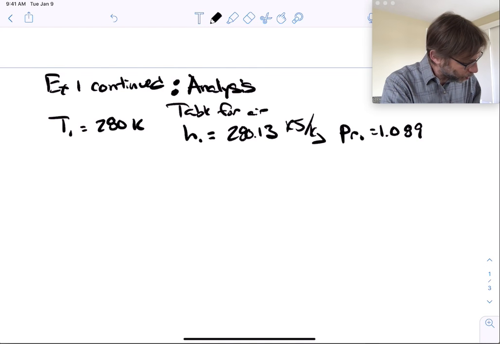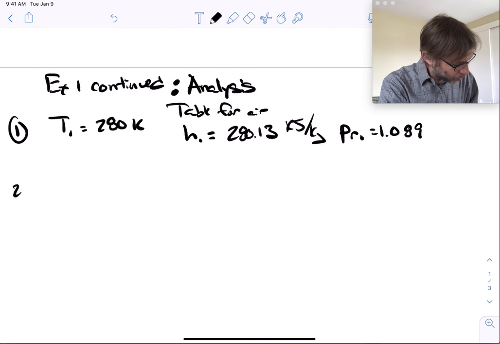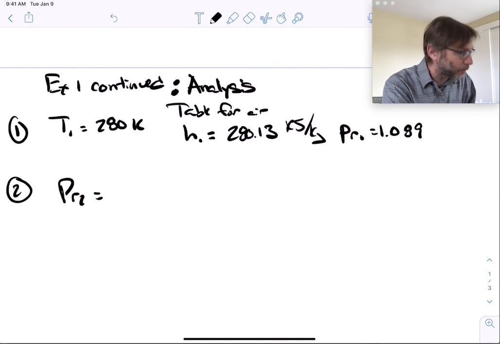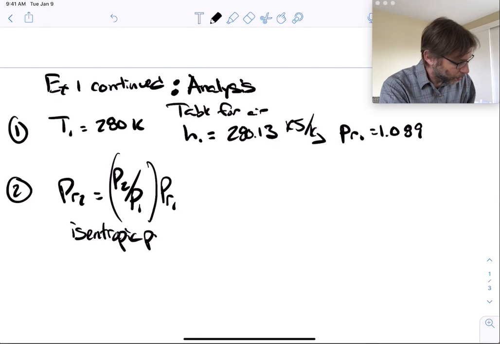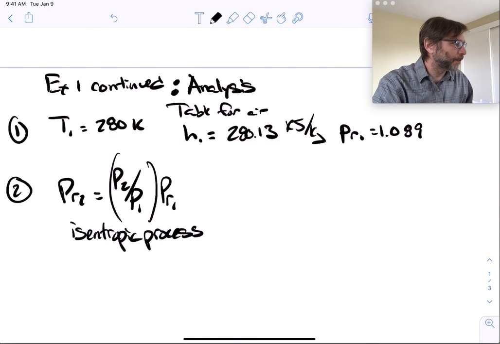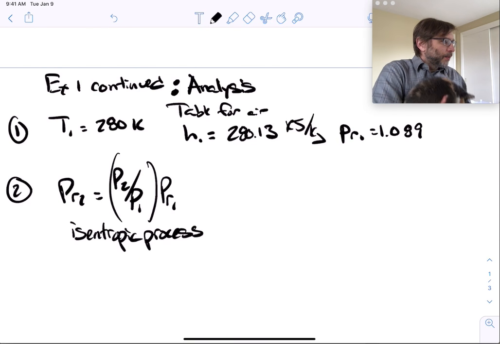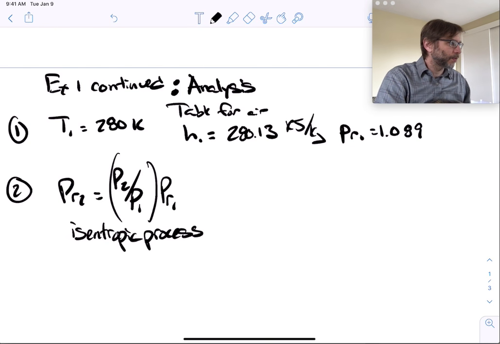So this is state 1. State 2, we know that PR2 is equal to P2 over P1 times PR1 for an isentropic process only, right, because we can get the real pressure here.